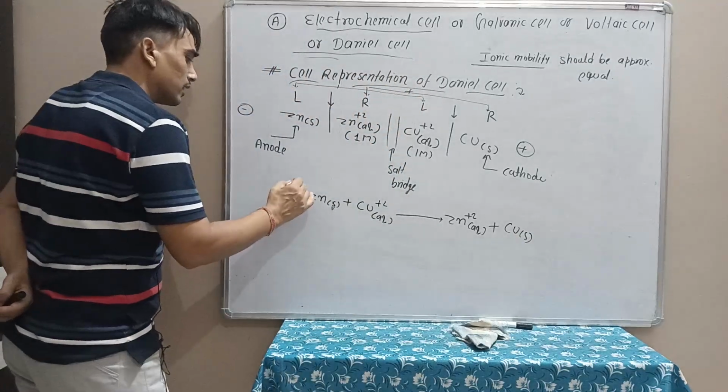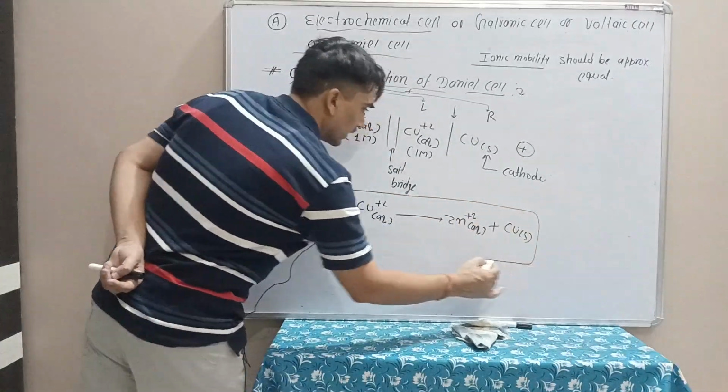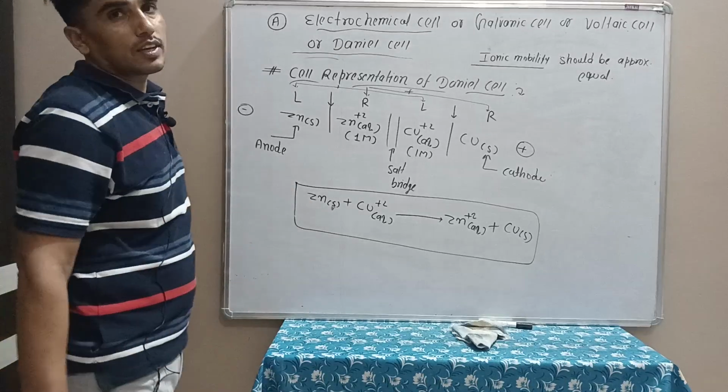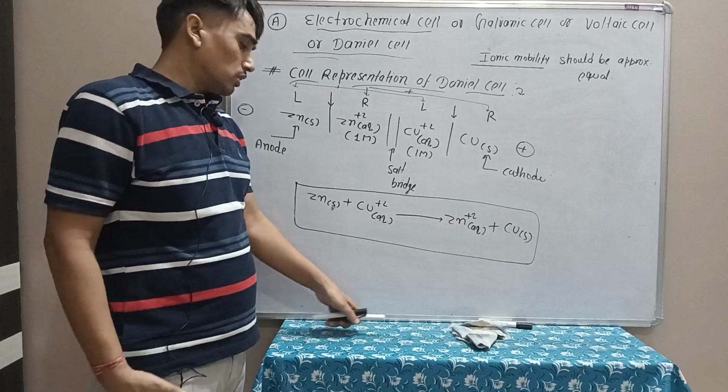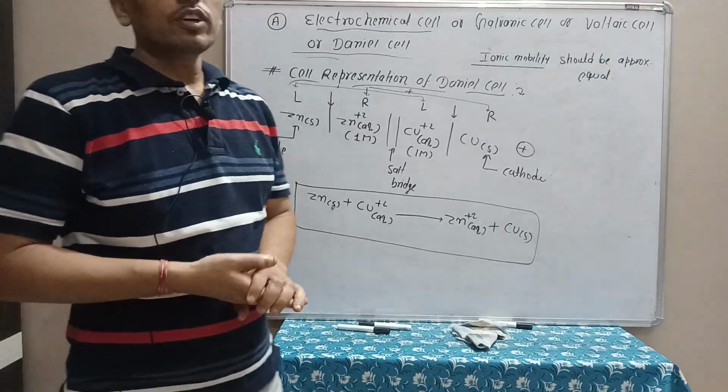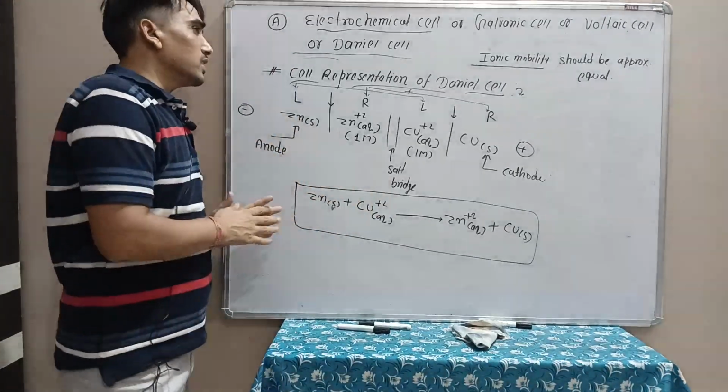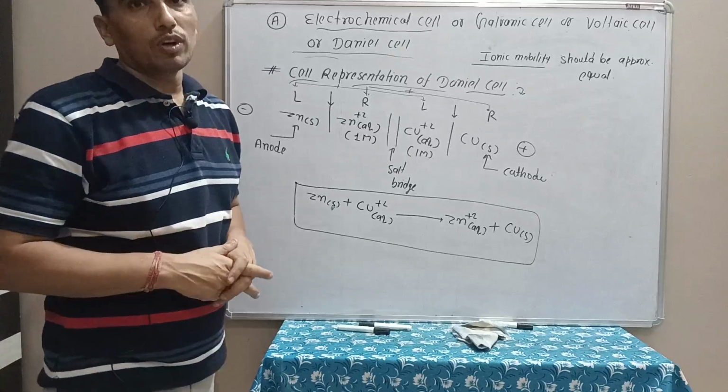And we know that this is the net cell reaction of Daniell cell. Like this we can obtain cell reaction from cell representation. Dear students, today we talk only about these things. Next lecture will be tomorrow. Okay, thank you.